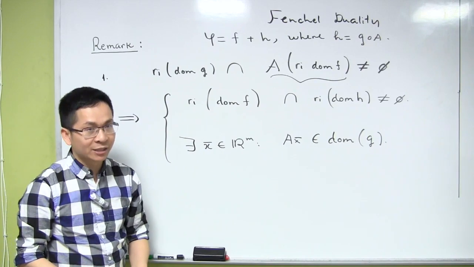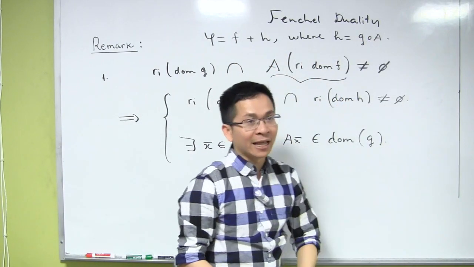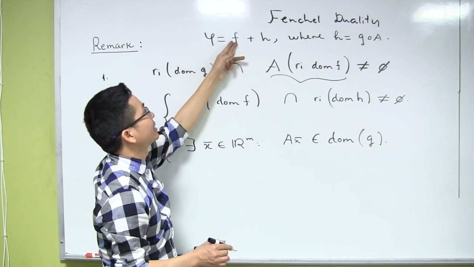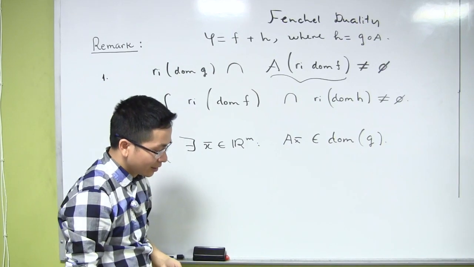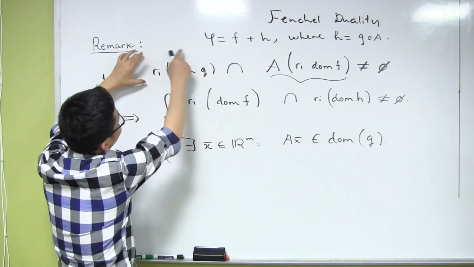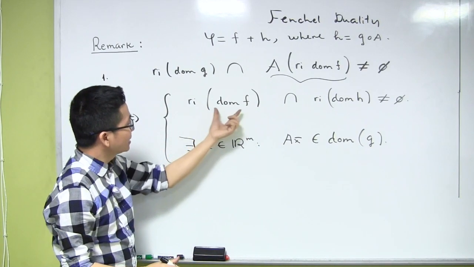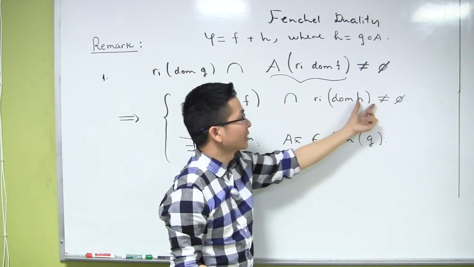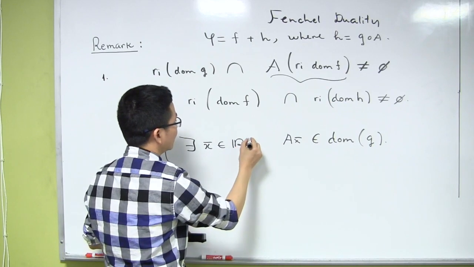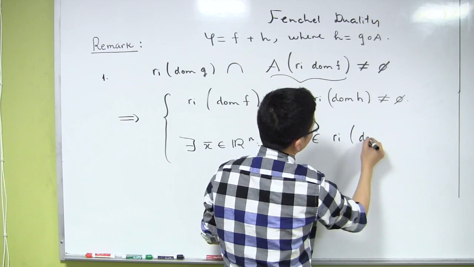Now I'm going to talk about some important remarks. Remember that the function phi can be written as f plus h, where h is the composition of g and A. And in the proof of the Fenchel strong duality theorem, we use the Fenchel conjugate sum rule for f and h, and at the same time, we use the Fenchel conjugate chain rule for the composition of g and A. Note that under the assumption made, that means this relative interior condition is satisfied, then we can prove that this relative interior intersection is non-empty, and at the same time, there exists some x bar in R^n such that A of x bar belongs to the relative interior of the domain of g.